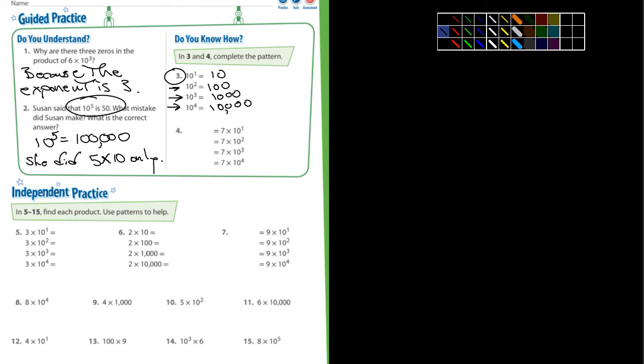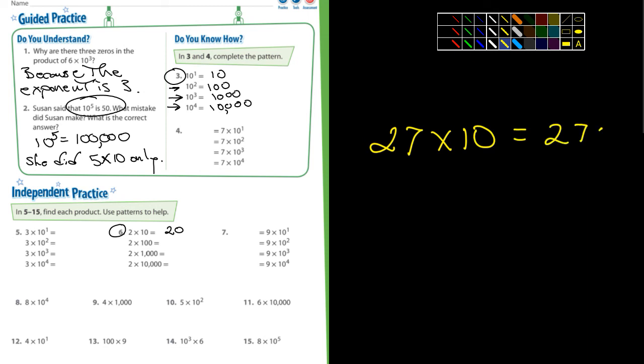I'm looking at number 6. Now we did some problems similar to that a few minutes ago. Let me pull a card here. Miss Gage, where's Miss Gage? Right here. Miss Gage, number 6, it says 2 times 10. What is that? Anything times 10, all you do is add a 0. Did you guys know that? Okay. So I could write 27, and if I multiplied that by 10, that would be 270.